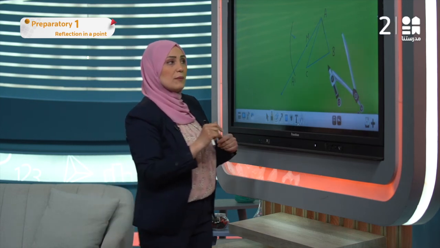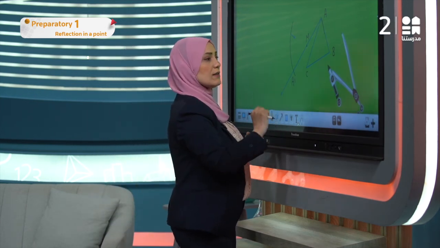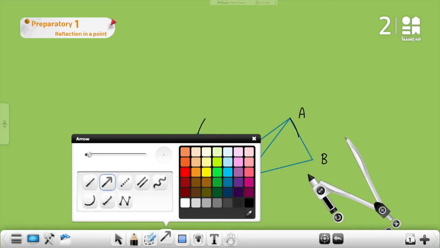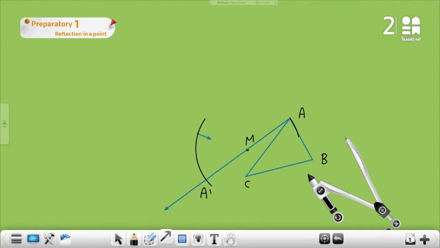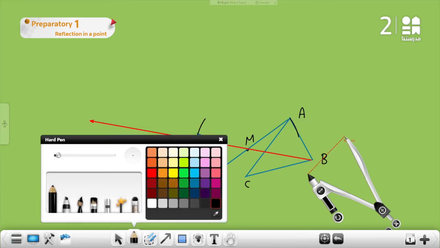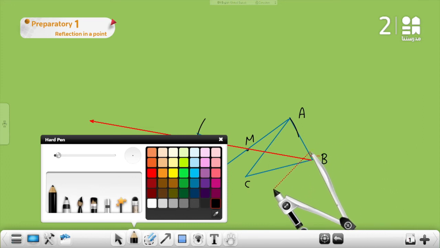I'm going to do the same steps for B and C. So let's draw another ray with red between B and M. Then open the compass with the same distance, with radius equal to BM.